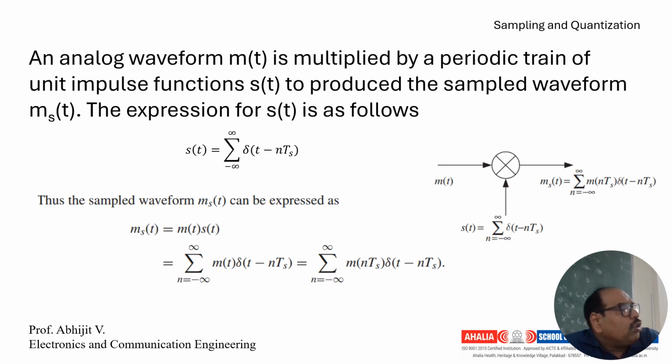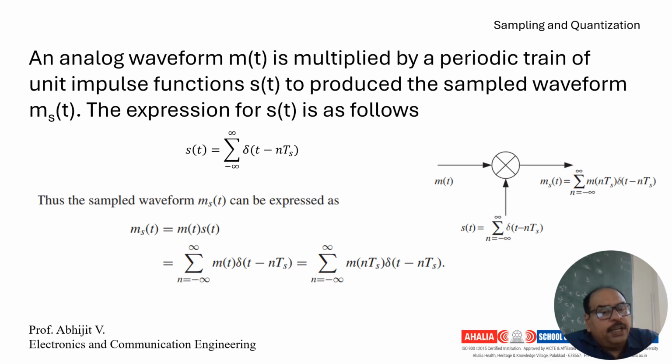Now we'll study how to create a sampled signal. When you multiply a signal with a zero, what happens? That signal gets cancelled, right? The same principle you can utilize here. You can multiply with a delta function, the unit impulse function.